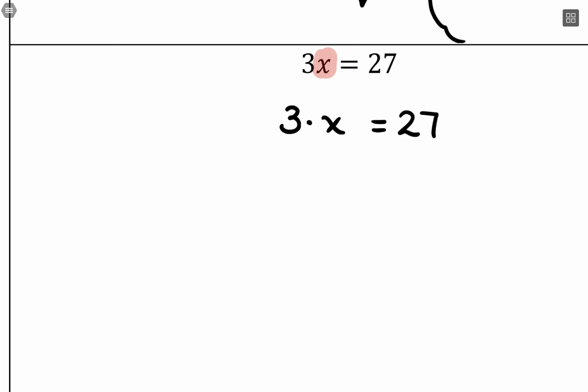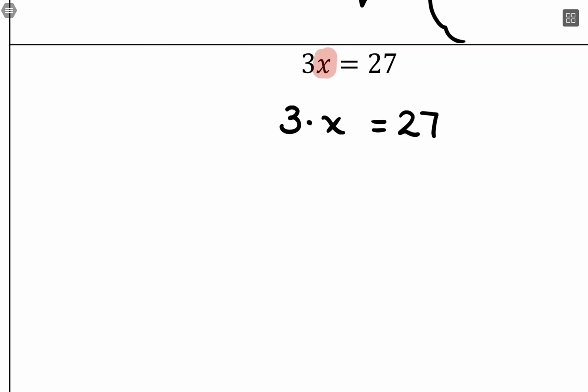Now we're looking at multiplication and division. Addition can be undone by subtraction, and subtraction, or a negative number, can be undone by addition. With multiplication, the opposite operation is division.